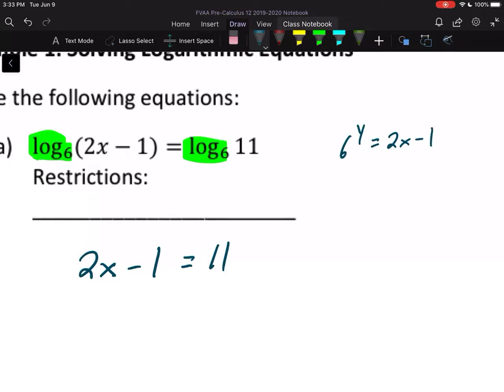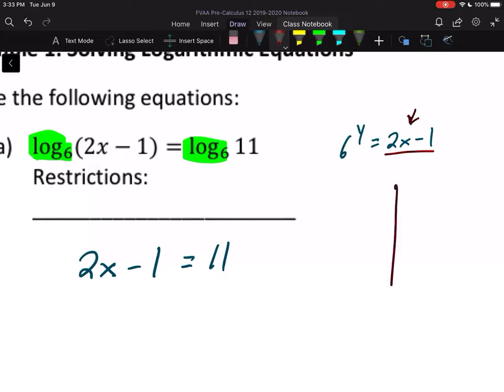Now here, if I had a value for x that made this side of the equal sign either 0 or a negative number, there was no possible y value that could give me a 0 or a negative number when we're in logarithmic or exponential form.